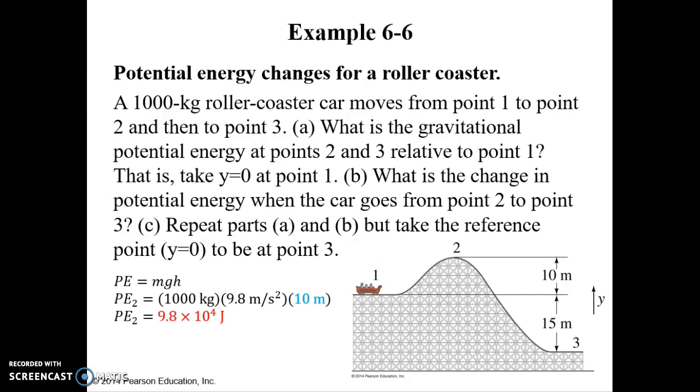And when we chug, we get a positive 9.8 times 10 to the 4th joules for potential energy. However, at point 3, it's 15 meters below point 1, so h is negative 15 meters. Now, when we plug and chug, we get negative 1.5 times 10 to the 5th joules.